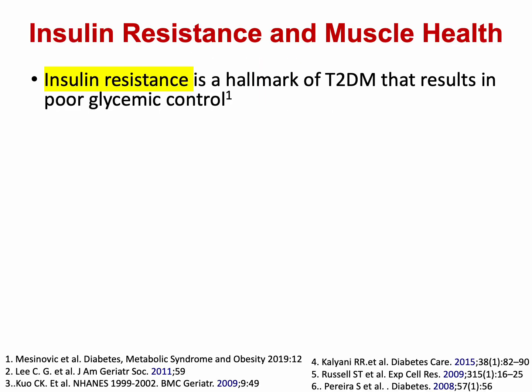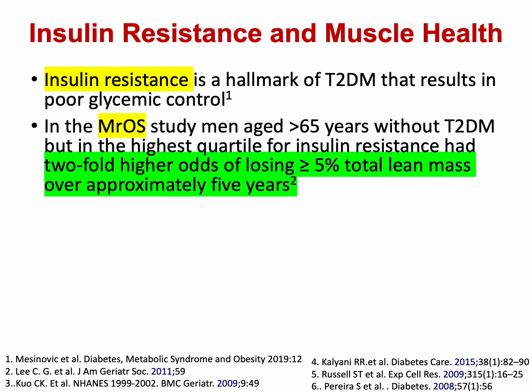And what's the effect of insulin resistance on muscle health? Insulin resistance is the hallmark of type 2 DM that results in poor control. There are several studies on insulin resistance that affect muscle health, and they are as follows. The MrOS, or Osteoporotic Fractures in Men study, where men over 65 without diabetes but in the highest quartile of insulin resistance had twice the odds of losing 5% or more of total lean mass over 5 years.